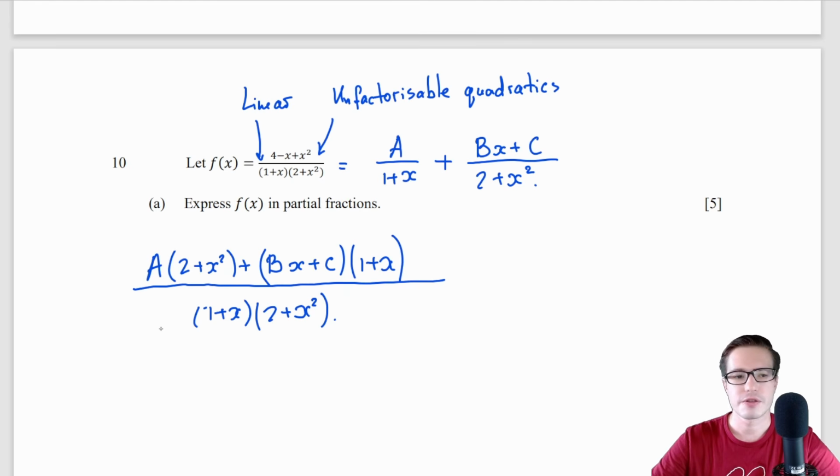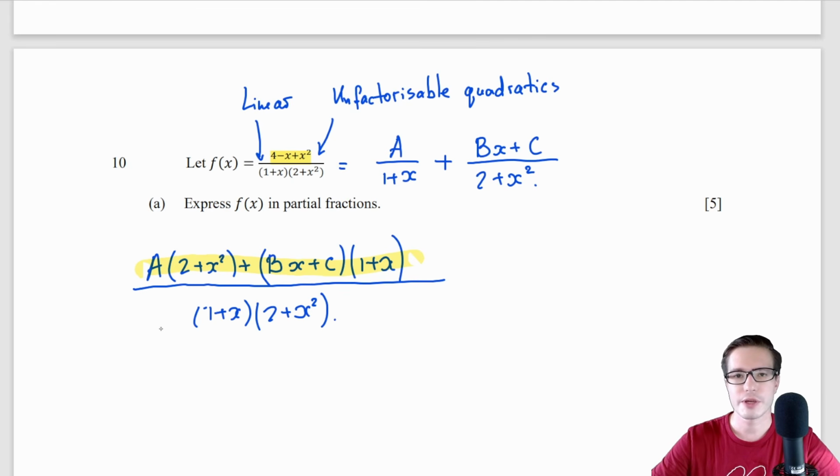Now the two fractions, the one at the beginning and the one I just wrote, should be the same for any x. So I will consider only the numerators of both fractions, and then I will substitute some convenient numbers into the left and the right side and see what happens.